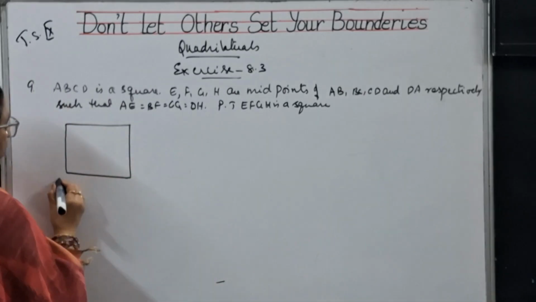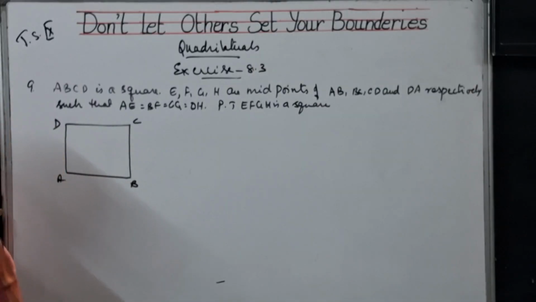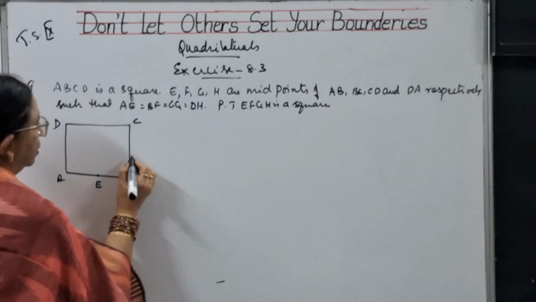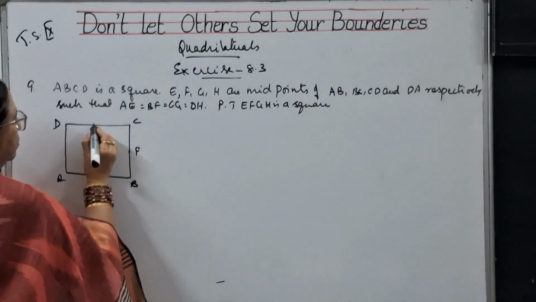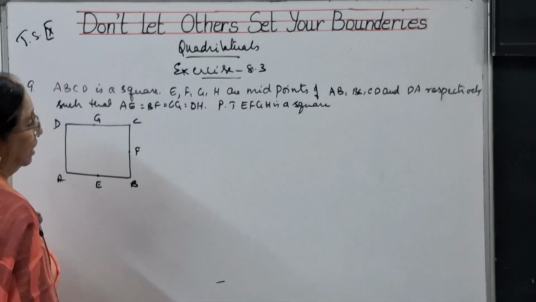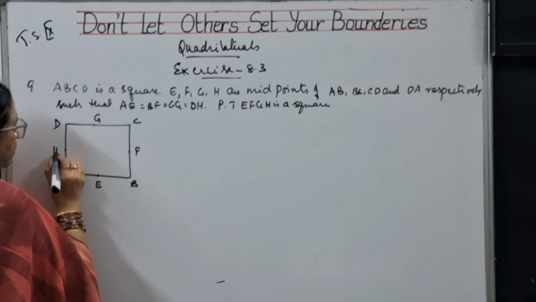So, what did they say? ABCD is a square. E is the midpoint of AB, F is the midpoint of BC, G is the midpoint of CD, and H is the midpoint of DA.